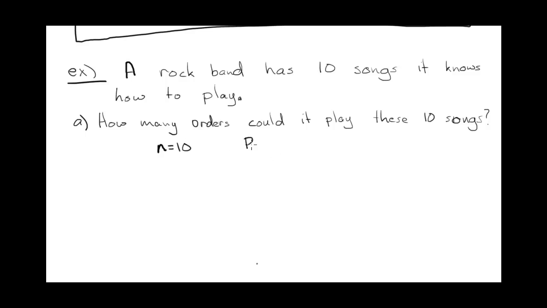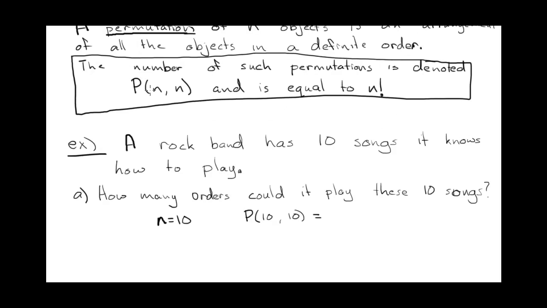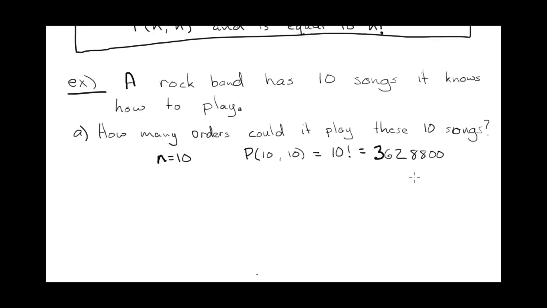So P(10, 10), remember our definition, permutations, n is 10, 10, and this should be equal to 10 factorial, which is equal to 3,628,800. So just with 10 songs, there's that many different orders they could play in.